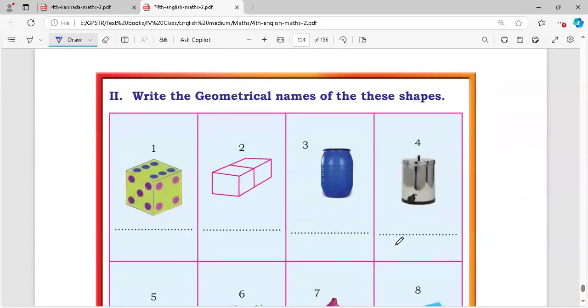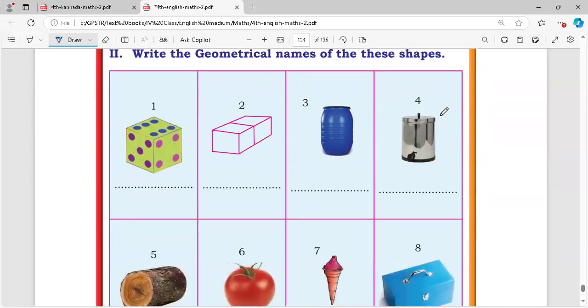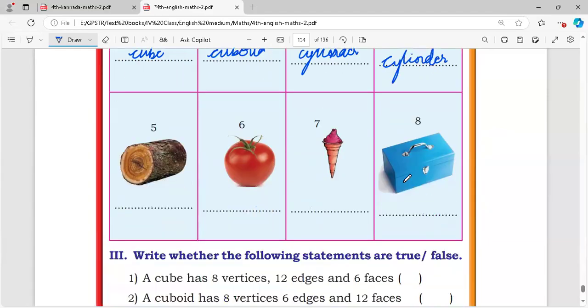Second one, write the geometrical names of these shapes. This is a die, cube. Geometrical name, cube. This is a cuboid. This is a cylinder, water drum, cylinder in shape. Geometrical name, cylinder. This is also a cylinder.